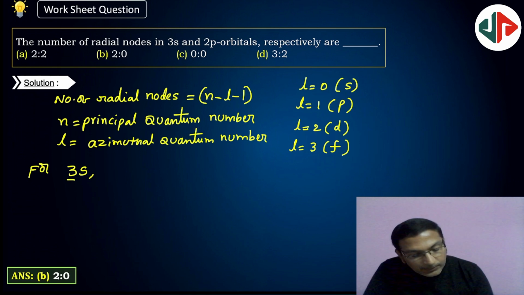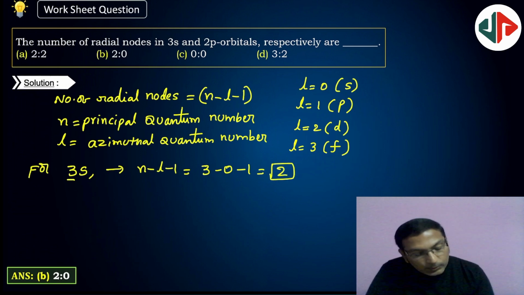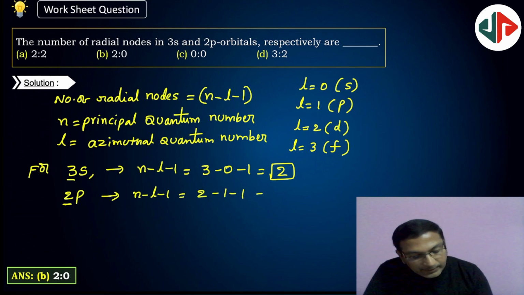So therefore n minus l minus 1 equal to 3 minus 0 minus 1, 3 minus 1, 2. Next for 2p subshell or 2p orbital, n equal to 2, n minus l minus 1 equal to 2 minus 1 minus 1, which is 0.